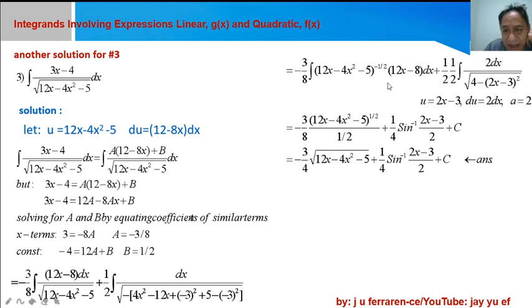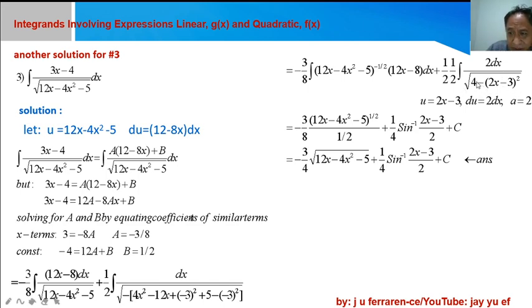We have this one. I'm inserting 2 because my u is 2x minus 3. So we put it as a binomial square. We actually have 2x minus 3, then minus 4, and negative 1 is distributed, so that is why we have 4 minus (2x minus 3) squared in my second term.